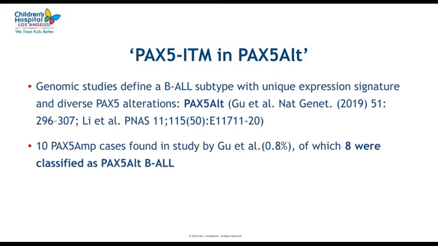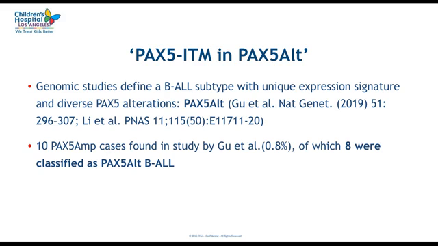So then further insight into this abnormality came from studies in 2019 that defined a completely new subtype of BLL that was driven exactly by PAX5 abnormalities. They referred to the subtype as PAX5 alt, and they showed evidence that PAX5 changes are primary drivers in this subtype, although they are commonly also seen as secondary in other subtypes.